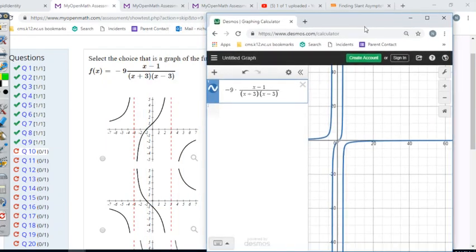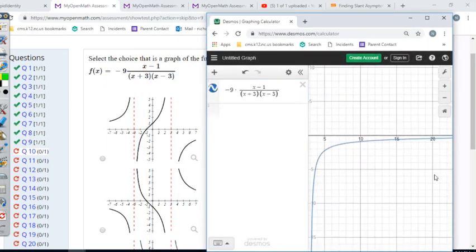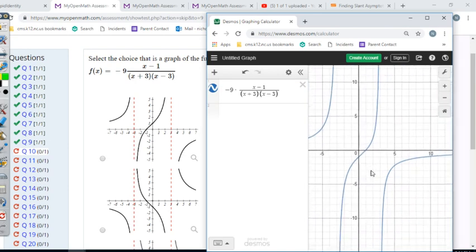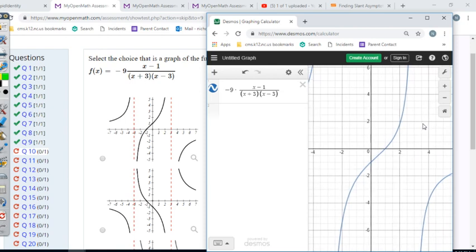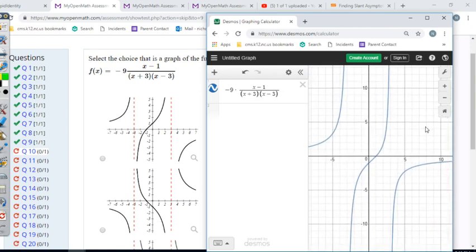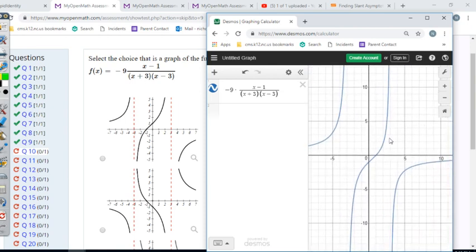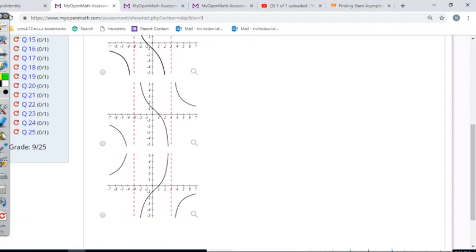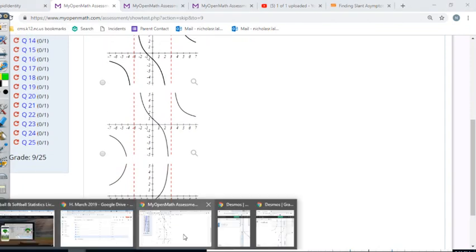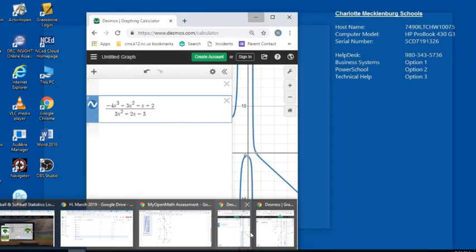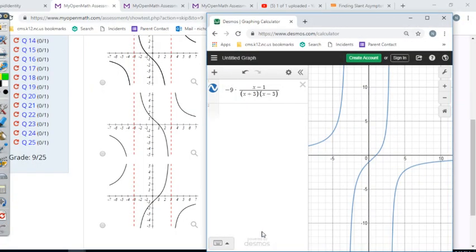And we're going to zoom in to values closer to 7. All right. So what best models this function? That looks to do it right here.